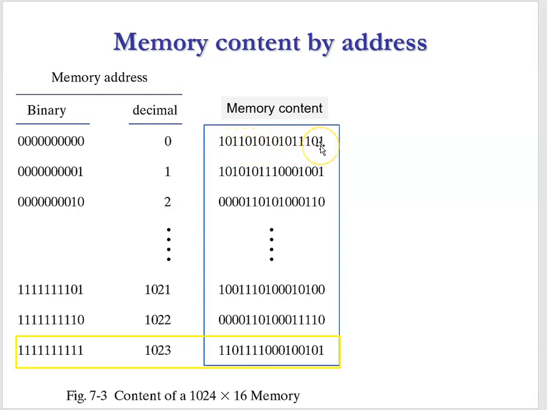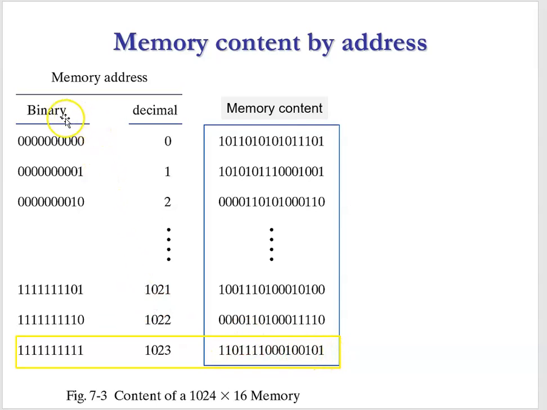Because they're 16-bit words. If we look at address 1023, what's stored there will be all ones. The decimal equivalent of that is 1023, and this is what we would read from memory if this was what already was stored there.